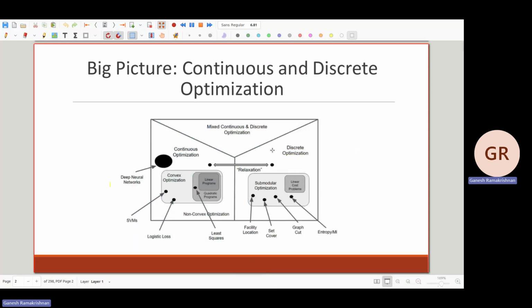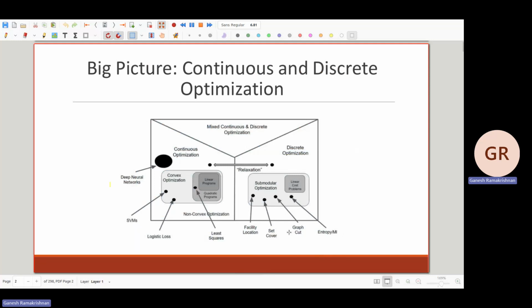That's one view. The other view is, well, there are certain problems which you can't relax. You would like to solve them as discrete optimization problems. And a third view is, well, a discrete optimization problem itself can help either hyperparameter tuning or network architecture search, help the continuous optimization problem.